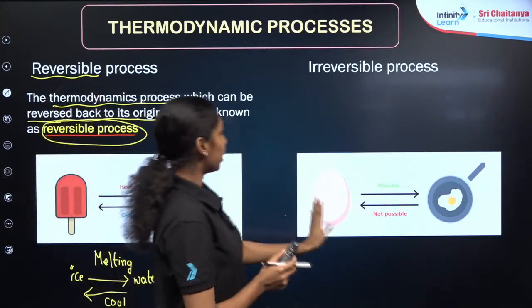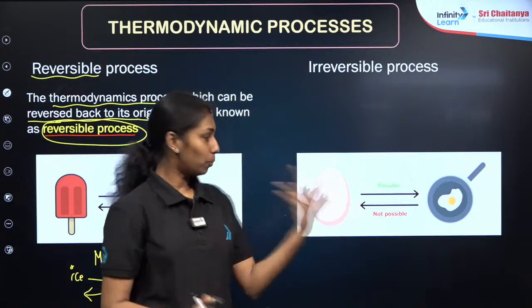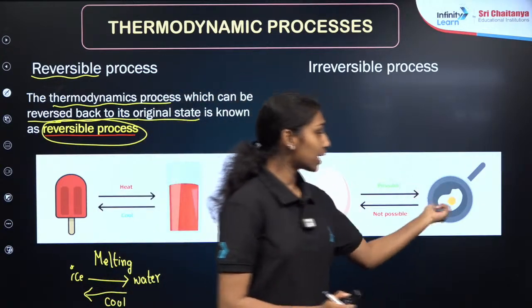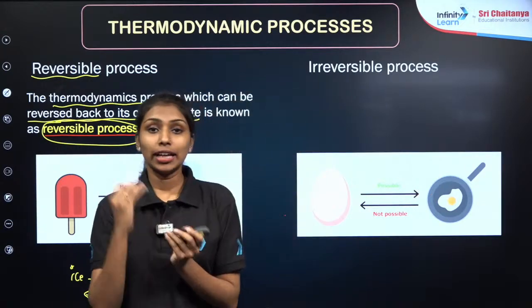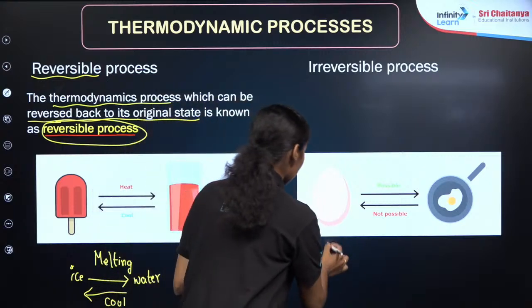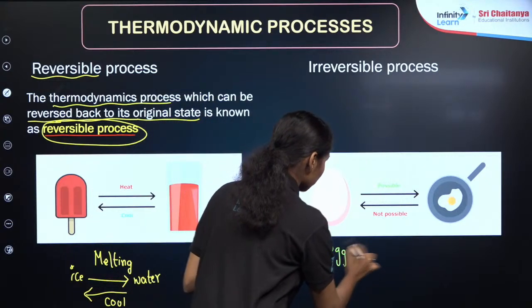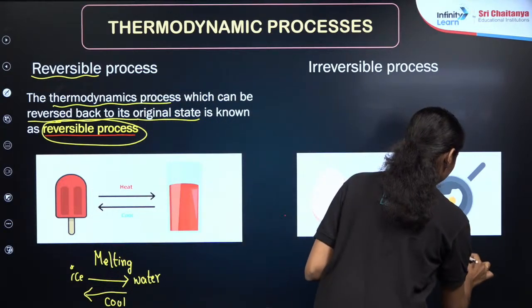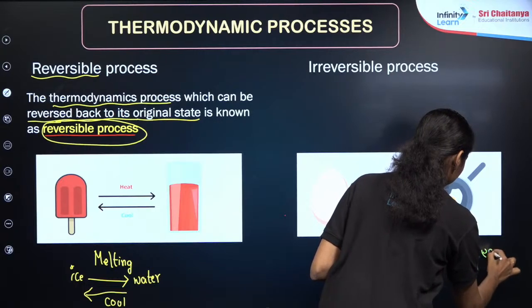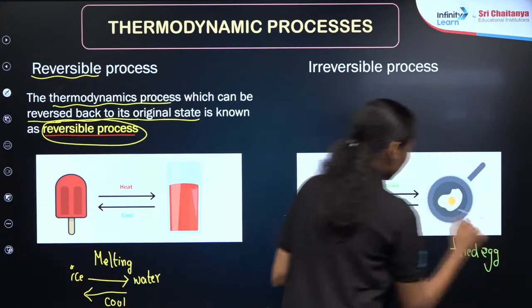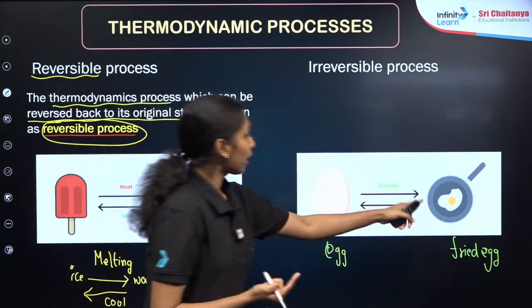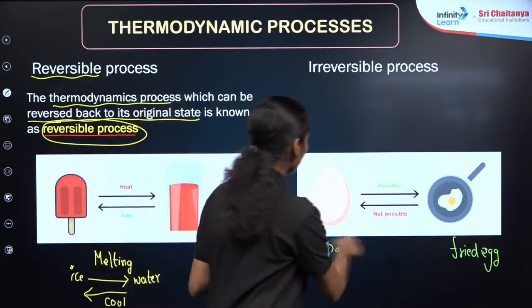An egg, right? I am taking an egg, then I am making an omelette or anything, right? A fried egg is forming here. Now, this is a change of state, right? The egg is changing to fried form. Then, is it possible to make this fried egg go back into the original state?